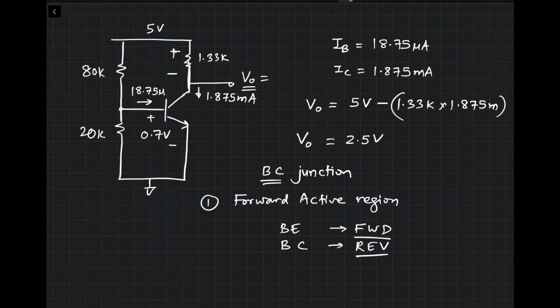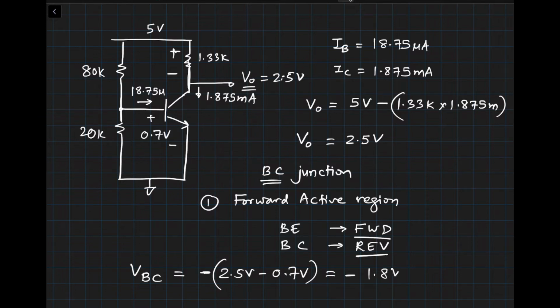If V0 is equal to 2.5 volts DC, then the base to collector junction is equal to minus 2.5 volts minus 0.7 volts, which is equal to minus 1.8 volts. So we can safely say that this transistor is in forward active region, with base emitter junction forward biased and base collector junction reverse biased.